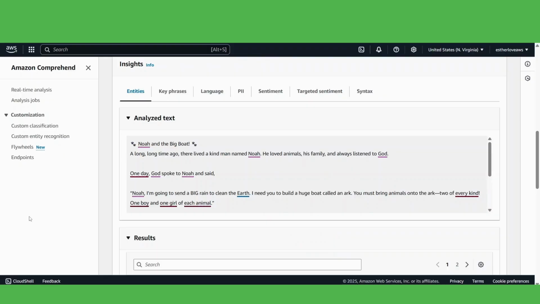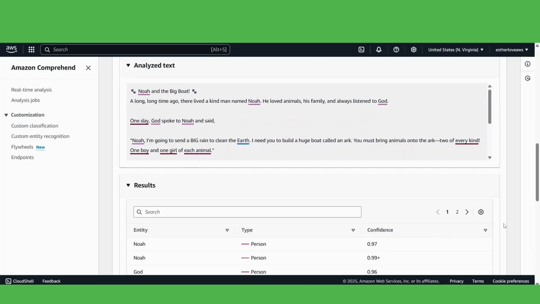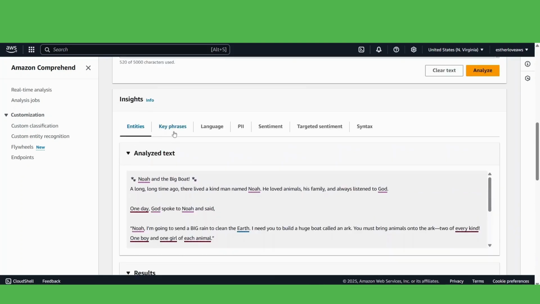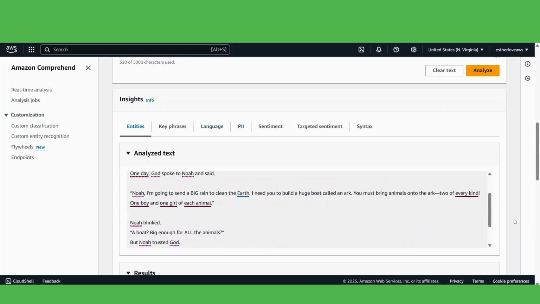Okay, so let's look at how AWS Comprehend looks. I just copied and pasted this text inside about Noah and the big boat. And I'm going to analyze the entities, key phrases, language, and PII, which is personally identifiable information, which you should not show other people, like your passport number, your address, and your identification number.